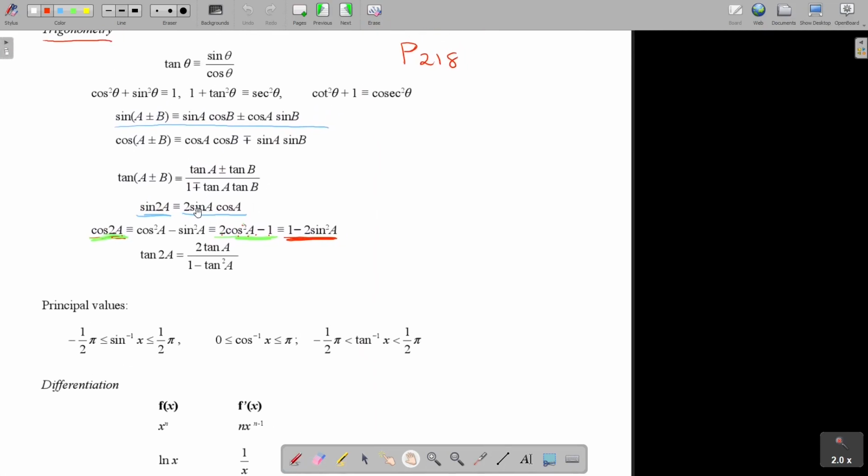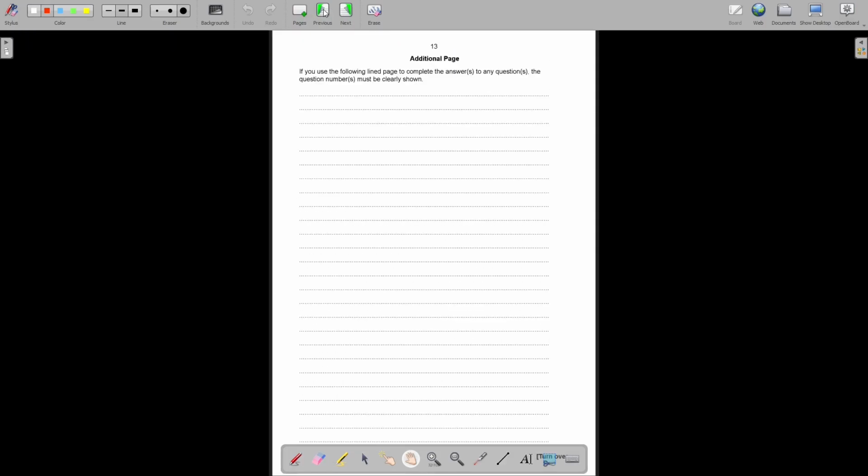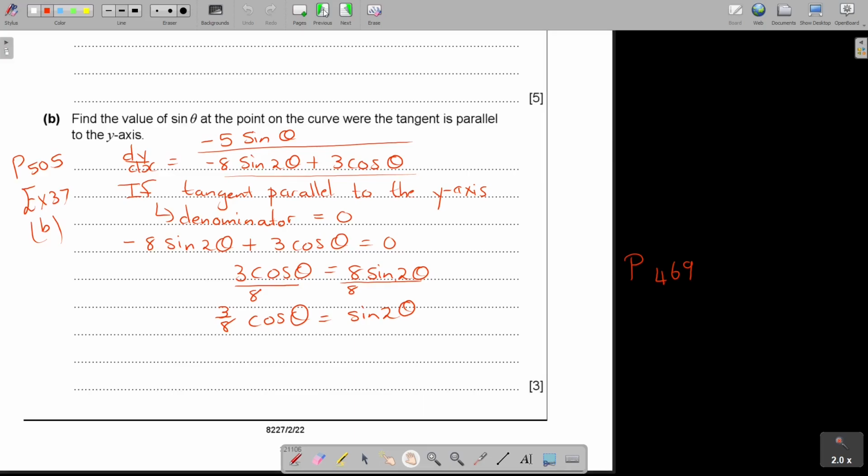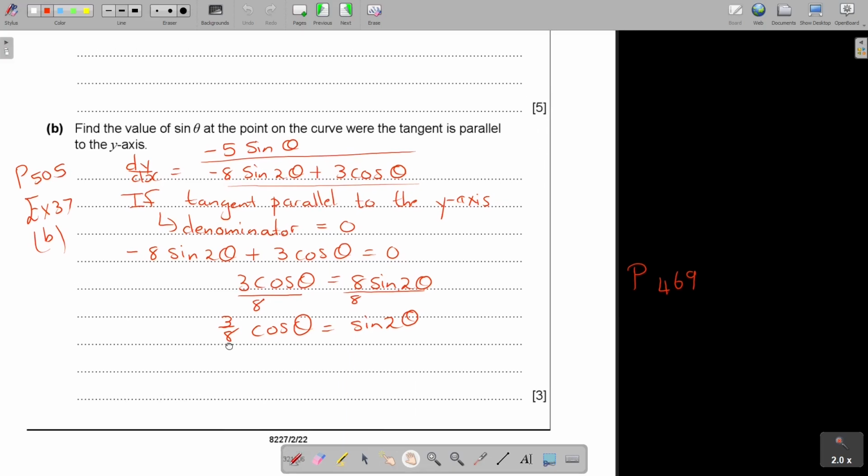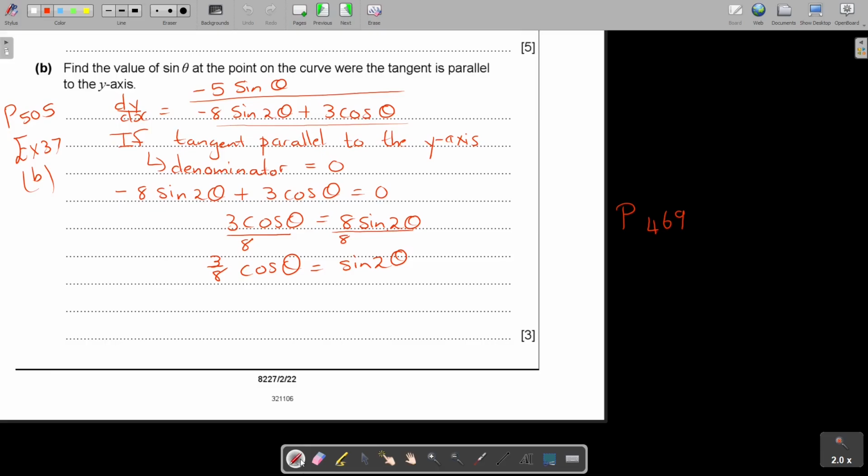Do you see there? So it's 2 sin A cos A, but in this case, it's just going to be theta. So it's 3 over 8 cos theta equals 2 sin theta cos theta. Do you see that?